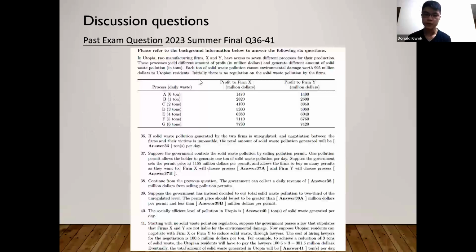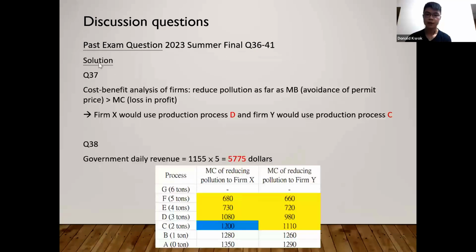Okay, question 37. If we have a permit price 1155, what will be the production process chosen by the two firms? Again, it will be the cost and benefit analysis of the firm. The benefit of reducing pollution is avoiding paying the permit price 1155, while the cost of reducing pollution is a loss in profit, which can be calculated in this marginal cost table here.